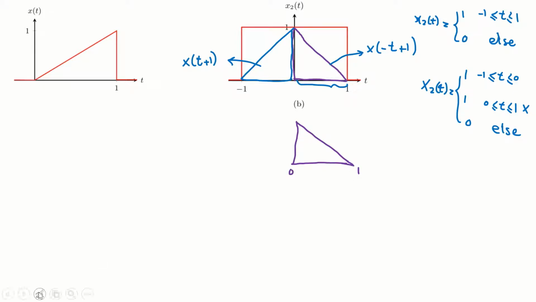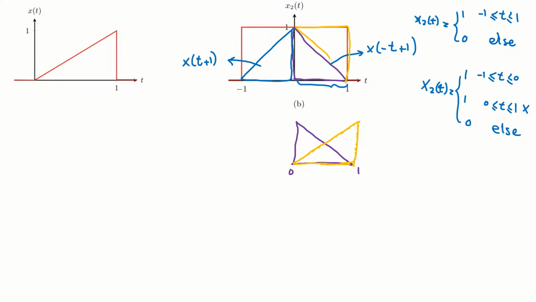Okay, and that signal would be this signal. If I add these two signals, then the value of the signal in this interval 0 to 1 would be 1. That's obvious. This signal actually fills this part.